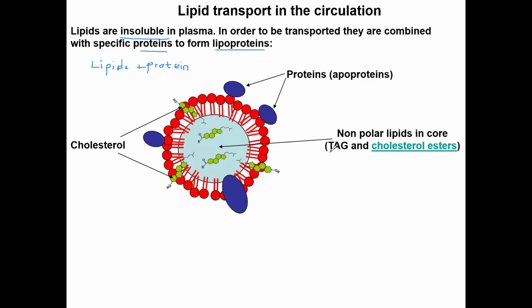Examples are triacylglycerol and cholesterol esters, which are found inside the lipoproteins, while the polar components are found on the surface of the lipoproteins. This is the only combination that can be transported to the various tissues because it can be solubilized in the plasma.